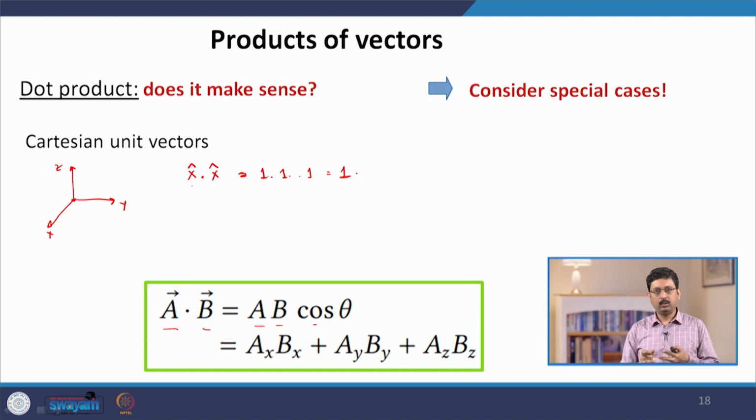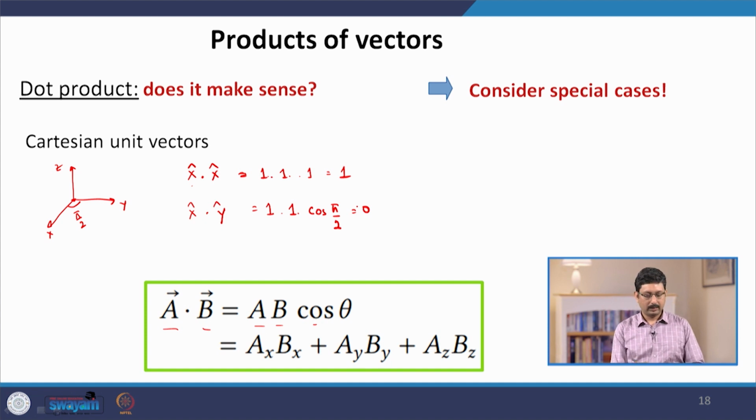Now, if you take two different unit vectors, x hat dot y hat for example, the angle theta is pi by 2 or 90 degrees. If I apply the same rule, the magnitude of x hat is 1, the magnitude of y hat is 1, and the angle between them is pi by 2, and cos pi by 2 is 0.